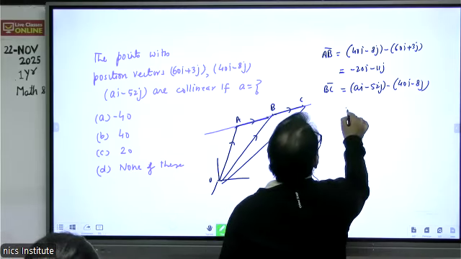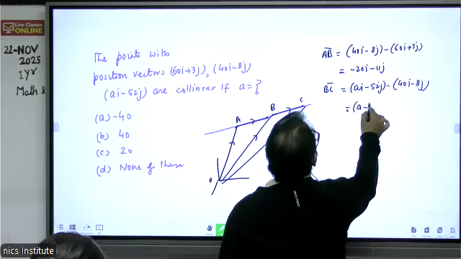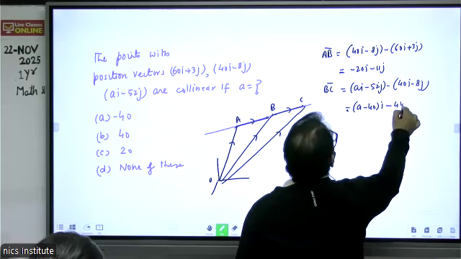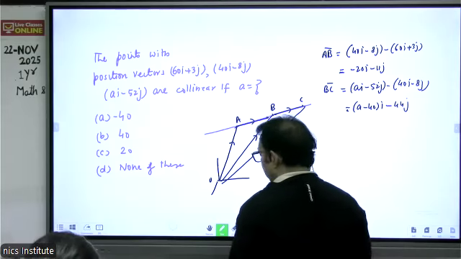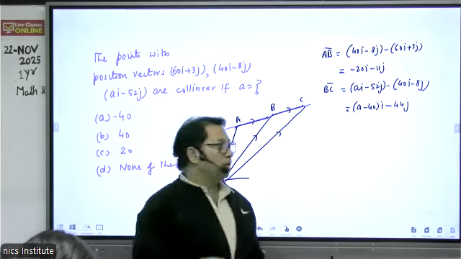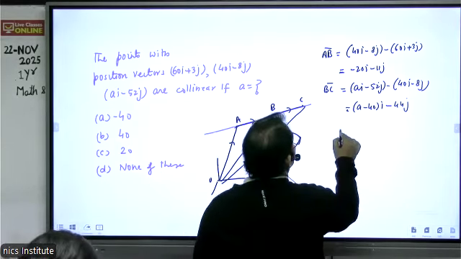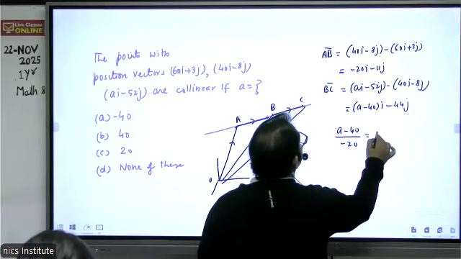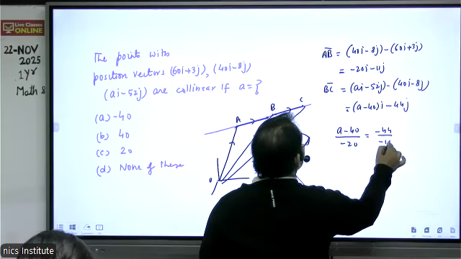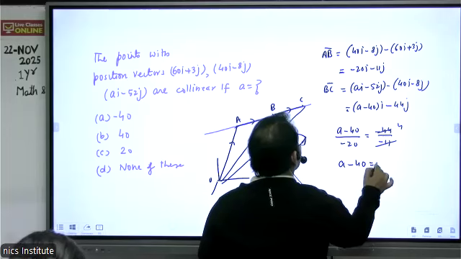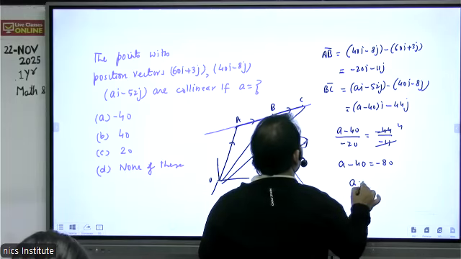So this is a minus 40i, and this is 44j. Since AB and BC are parallel or collinear, that means their DRs would be in the same proportion. So a minus 40 by minus 20 is equal to minus 44 by minus 11. a equal to minus 40.